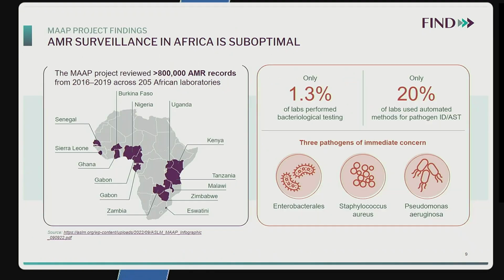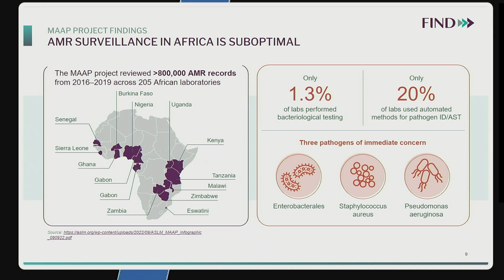Talking a bit about access to diagnostics, the MAP report that was released last year in collaboration with the Fleming Fund reviewed more than 800 records from around 205 African laboratories between 2016 and 2019.